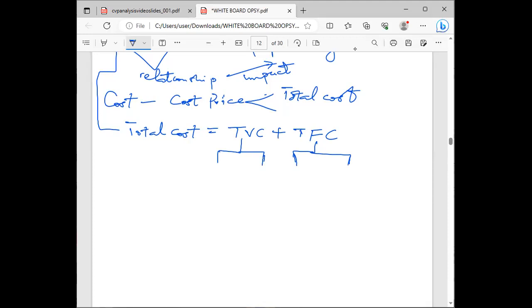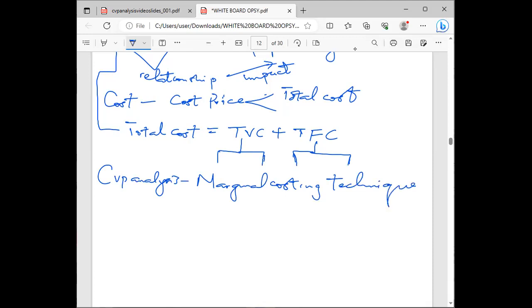Under this total variable cost, the assumption here is that CVP analysis follows the marginal costing technique.